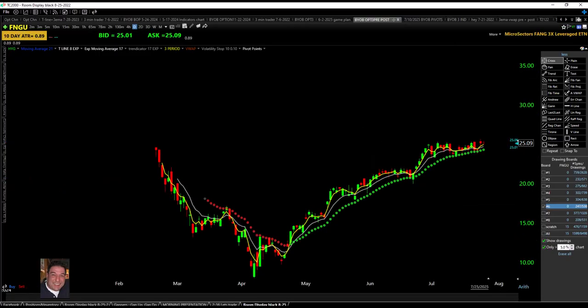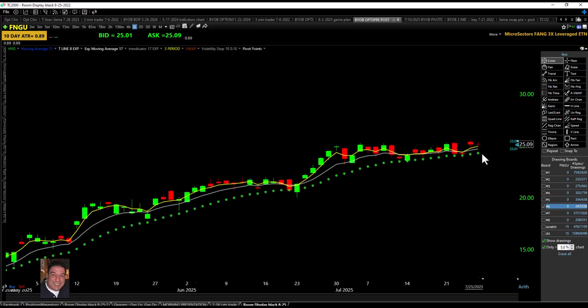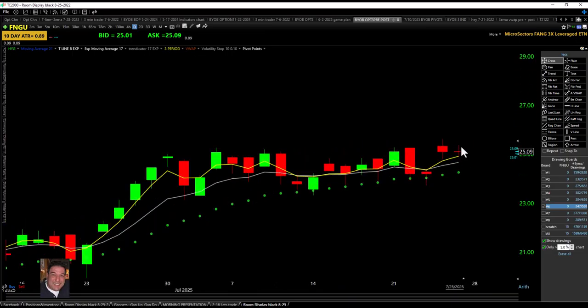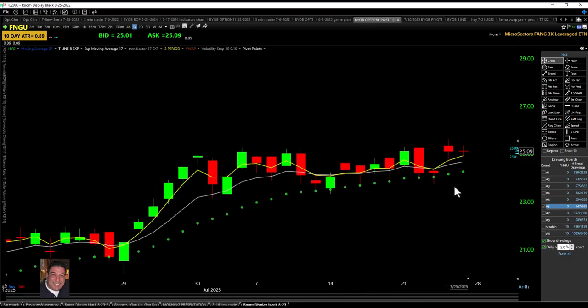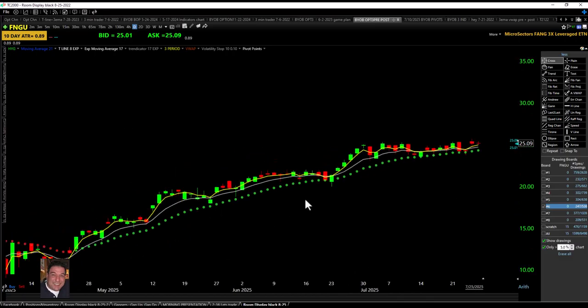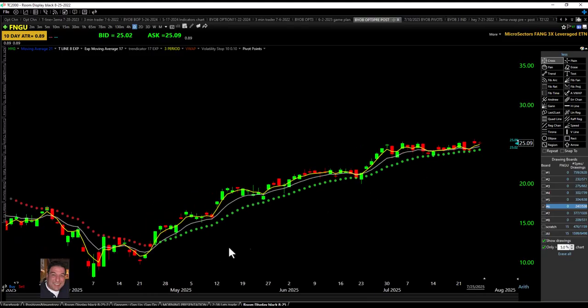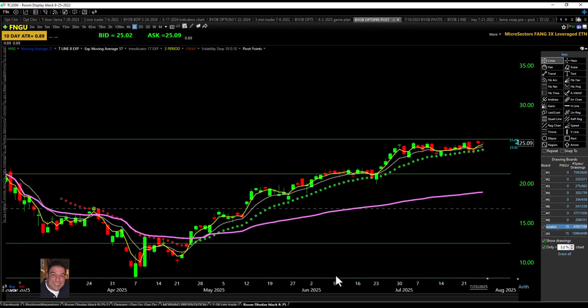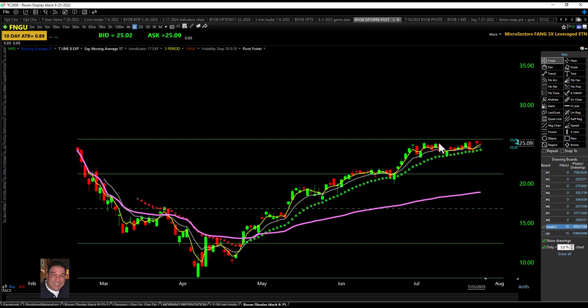FNGU puts in an inside day, lower high, higher low, closing over a bullish trap over the rising 17. See it move up and hold the higher ground. That's bullish, and in an uptrend. You can see up at the top of quadrant 4, that's bullish.